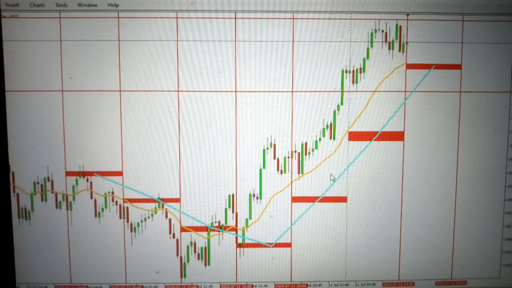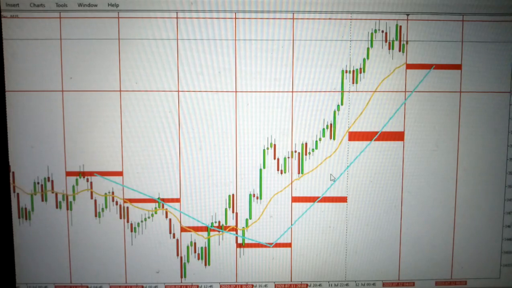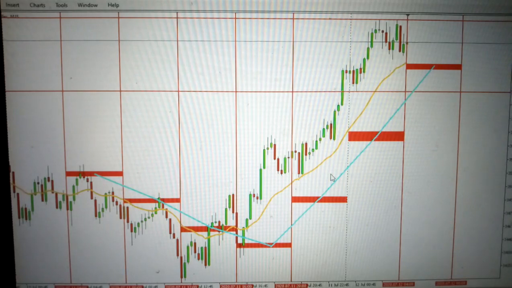So that's that about this strategy. It's a very good strategy. If you like it, just try to backtest it and see how you can use it to your advantage when trading volatility index or forex. You can also use this strategy to trade gold, XAU USD.